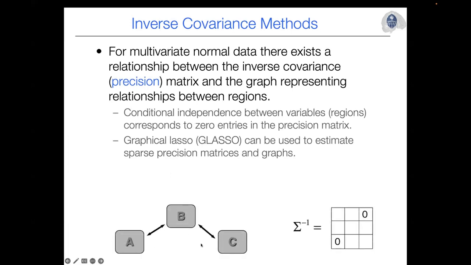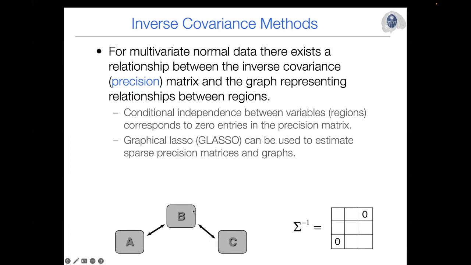So the idea would be that if you got a precision matrix, so the inverse of the covariance matrix, and you have zeros in certain locations, that's indicative that the edge between, say, A and C here is a zero, right?